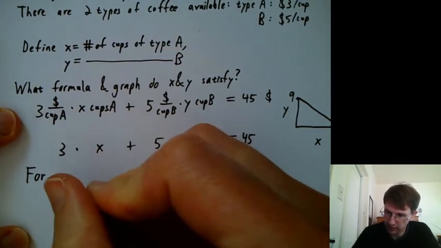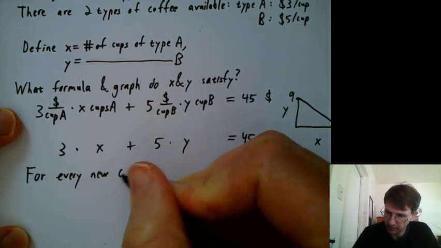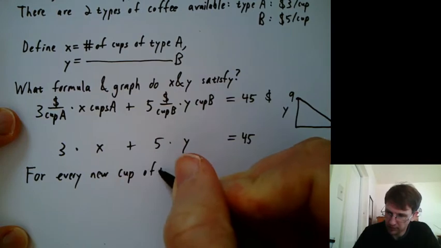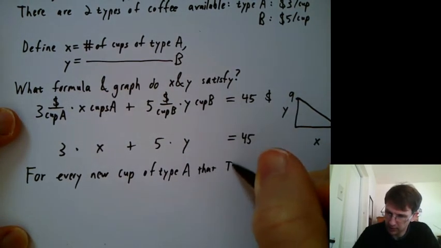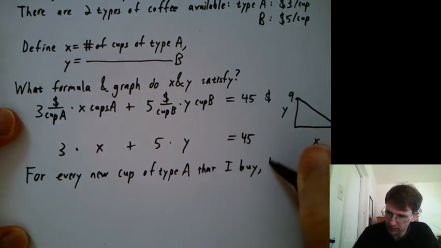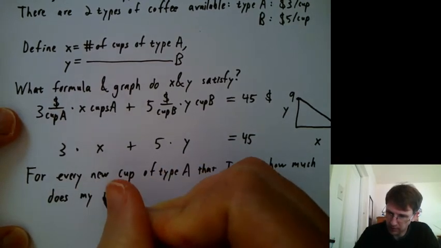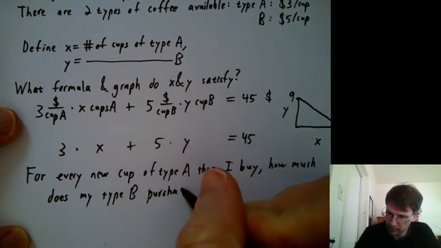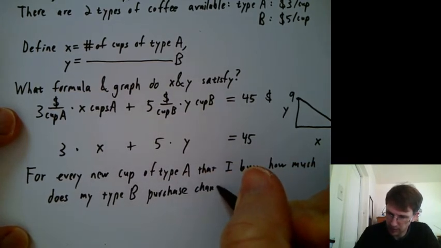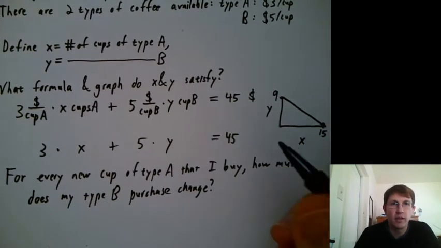So let's write that down. For every new cup of type A that I buy, how much does my type B purchase change, assuming I'm still using all 45 of my dollars?